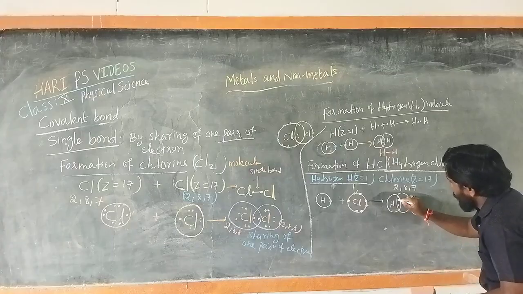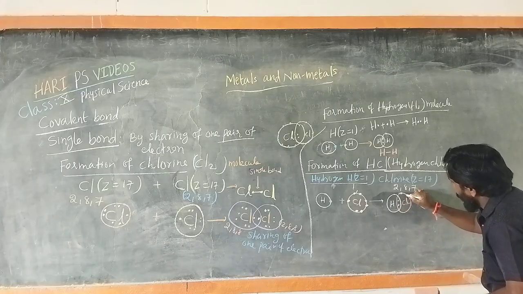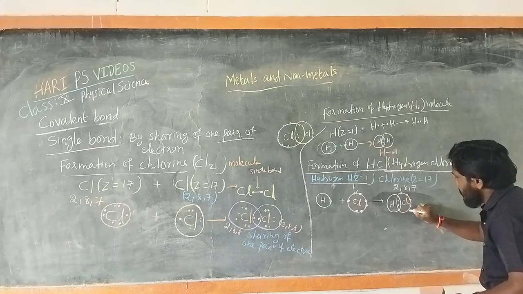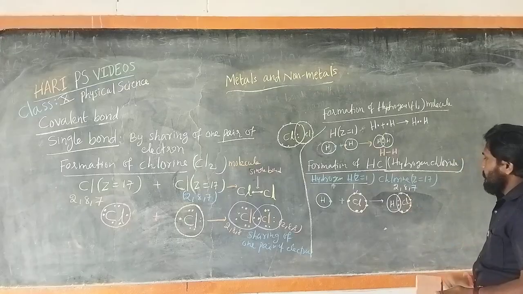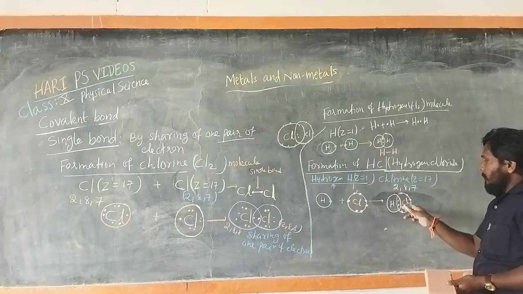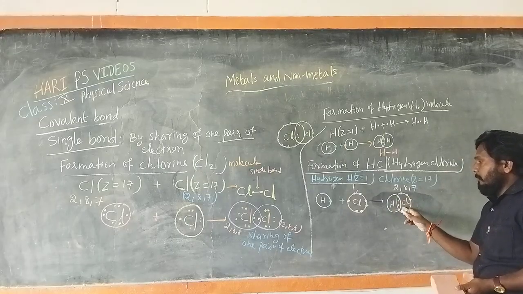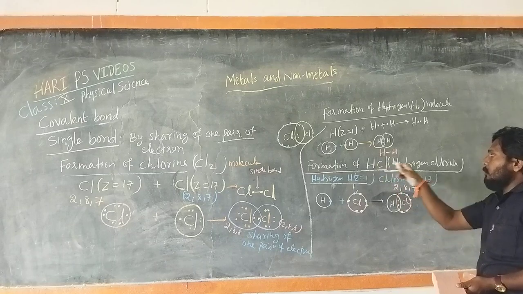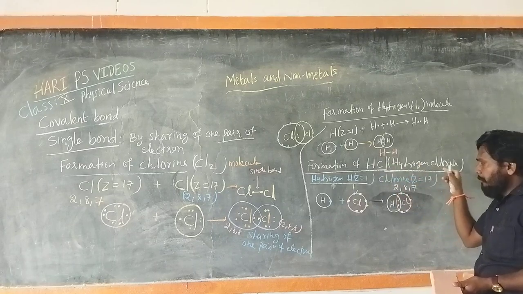Then 1, 2, 3, 4, 5, 6, 7, 8. So by sharing one pair of electrons, hydrogen chloride molecule is formed.